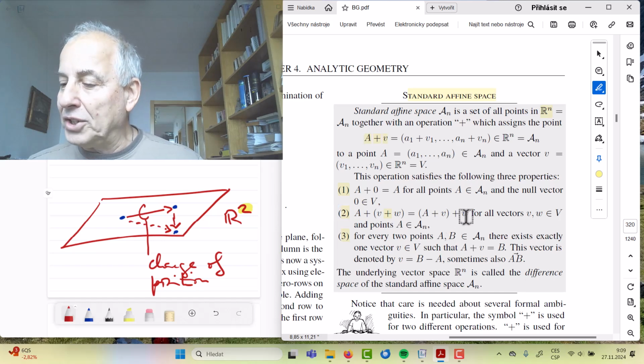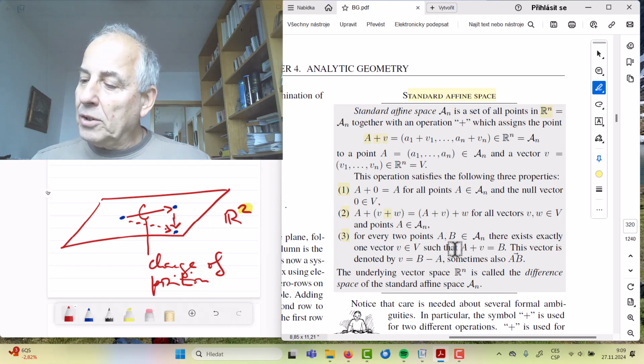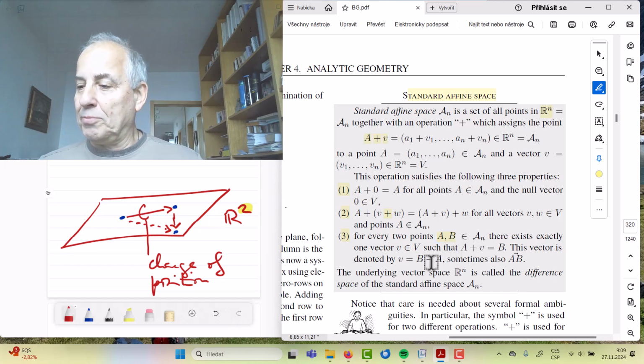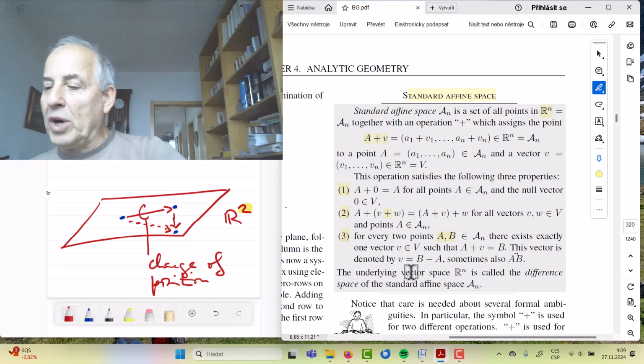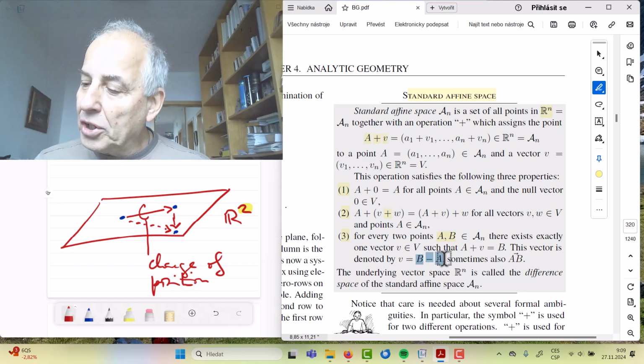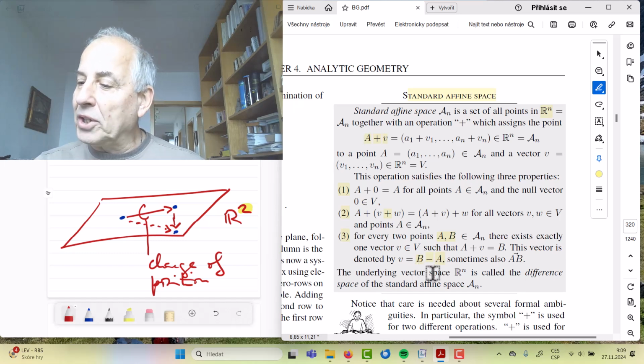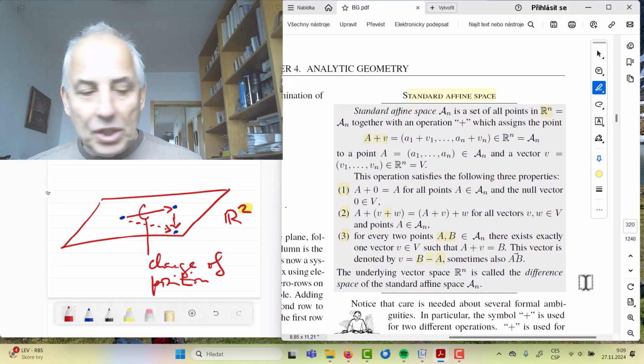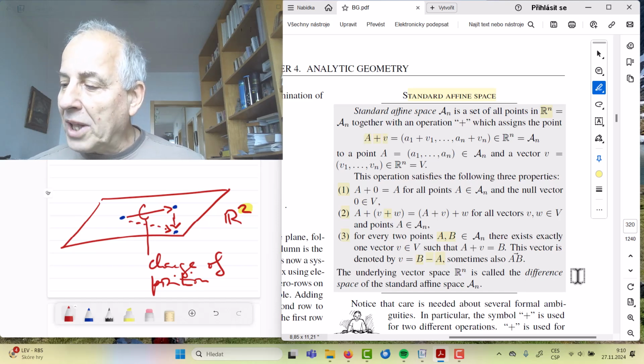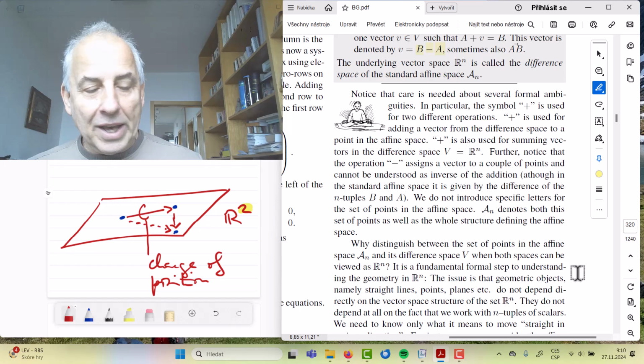And I can do it twice this way. And for every 2 points there is exactly one vector which is just bringing the first one into the second one. So this is denoted as the subtraction of the point A from the point B, which is exactly what's happening in the coordinates.